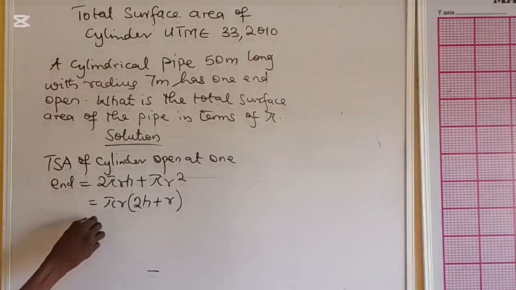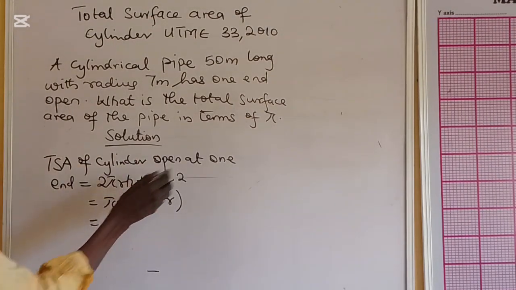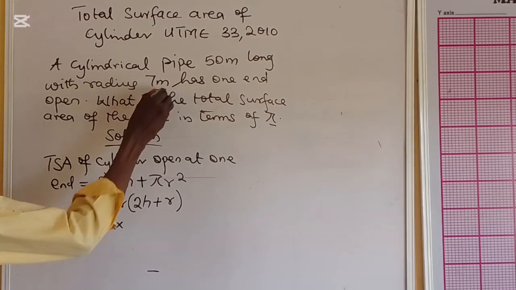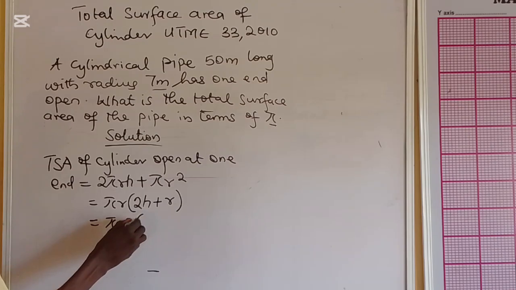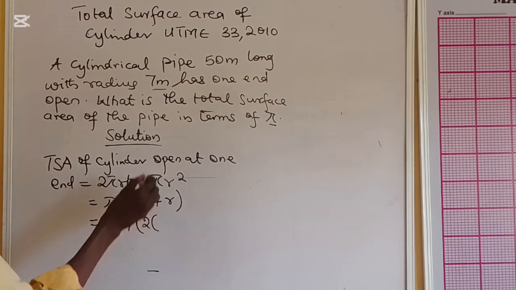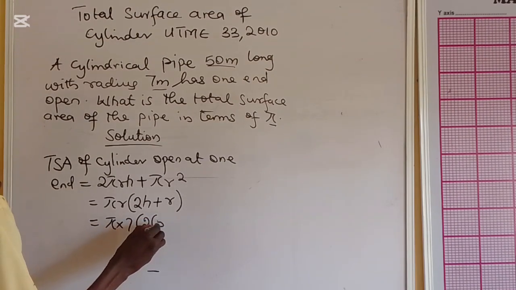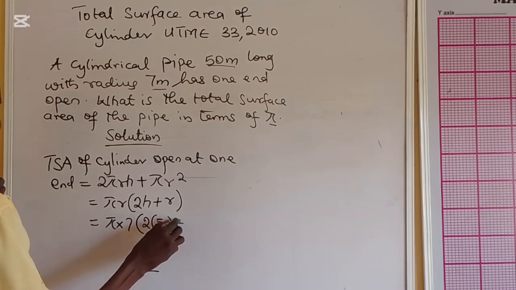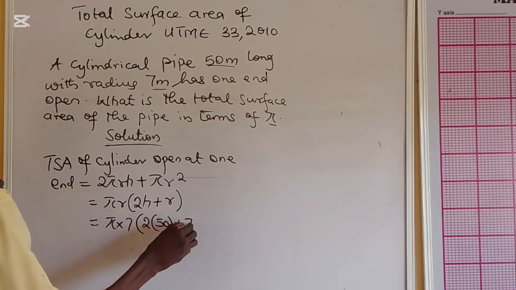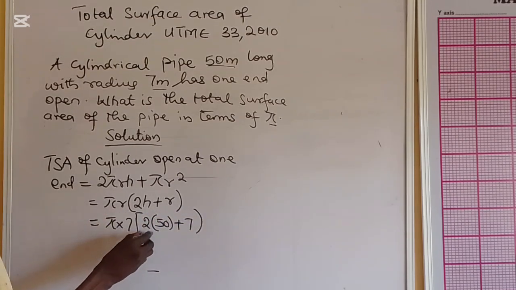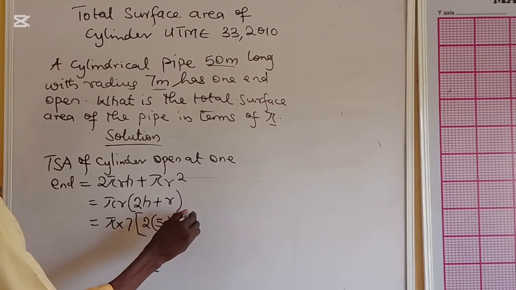Now, what is pi in the question? Don't touch pi. So here will be pi times the radius, which is 7, times 2 times the height or the length of the pipe, which is 50, plus the same radius, 7. Let me use a closed bracket to differentiate the bracket inside.